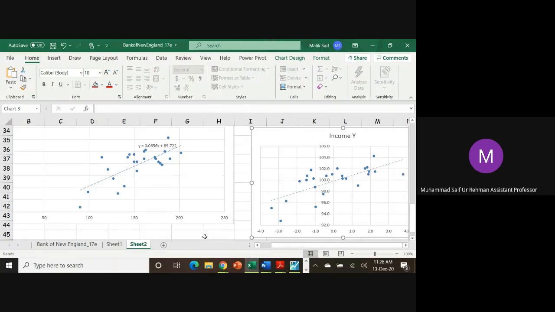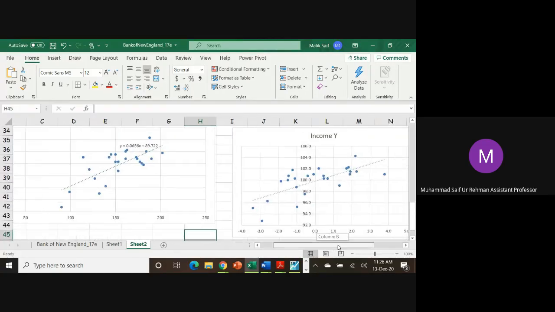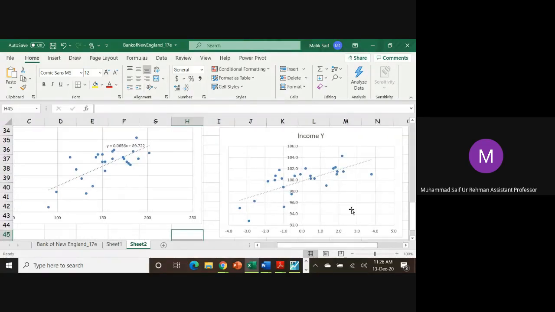See these two graphs. The spread is almost the same. See these points. Random variation is there, so they look the same.